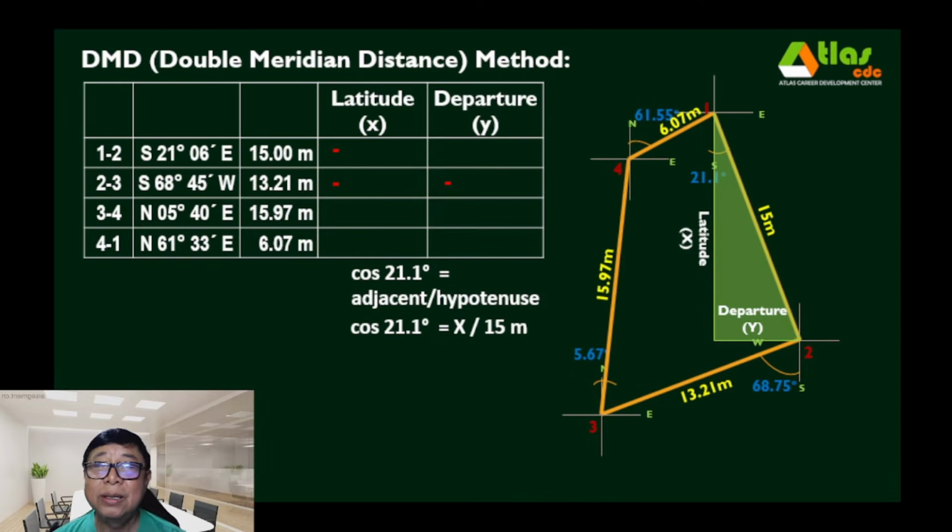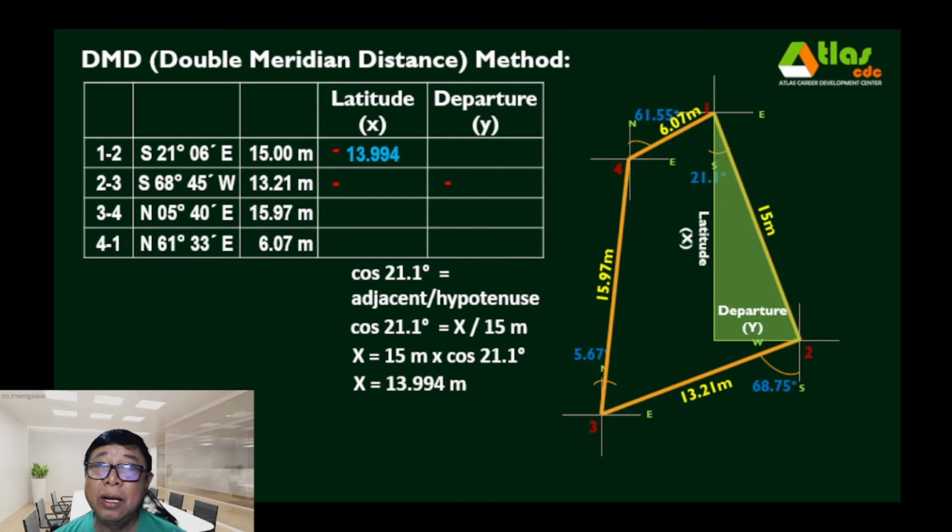So to determine the value of X, it will be 15 meters times cosine of 21.1 degrees. You will arrive at a value of 13.994. So once you have that value of X, you can now put it in your table, 13.994 for latitude.